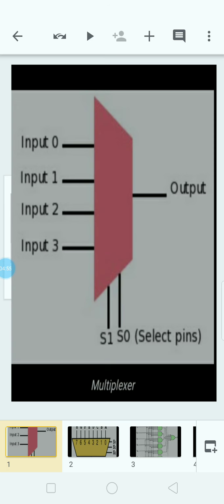The next application is the telephone network. In telephone networks, multiple audio signals are integrated on a single transmission line with the help of a multiplexer. And it can be used in the transmission from the computer system of a satellite.